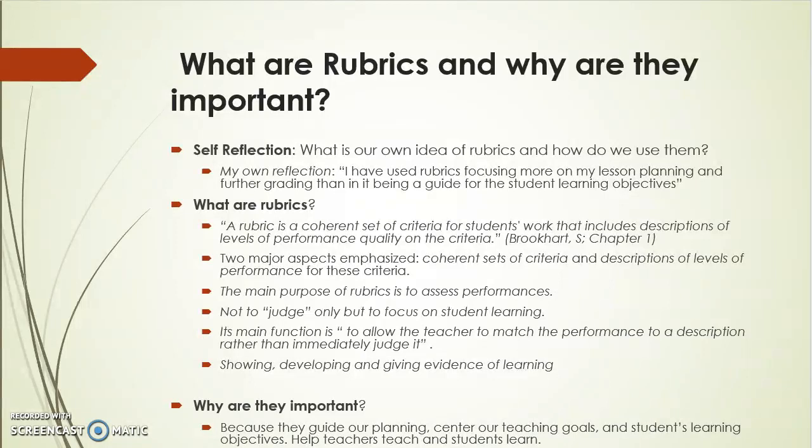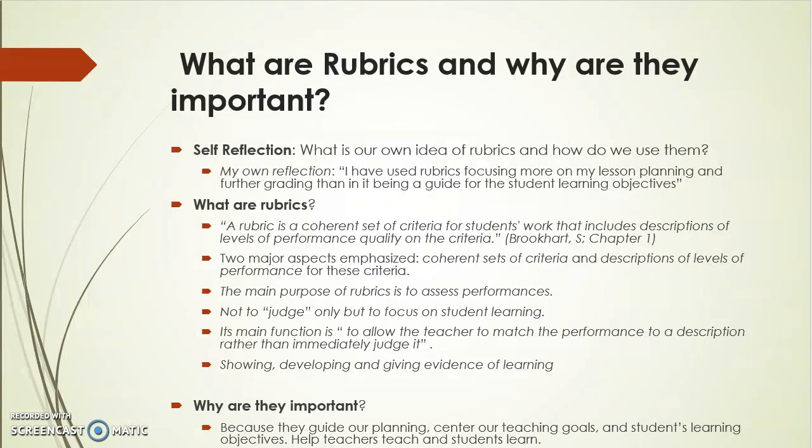The main purpose of the rubric is to assess performances, but not to judge it, only to focus on student learning. Its main function is to allow the teacher to match a certain specific performance to a description rather than immediately judge it. So, showing, developing, and giving evidence of learning, that's the job of a rubric.